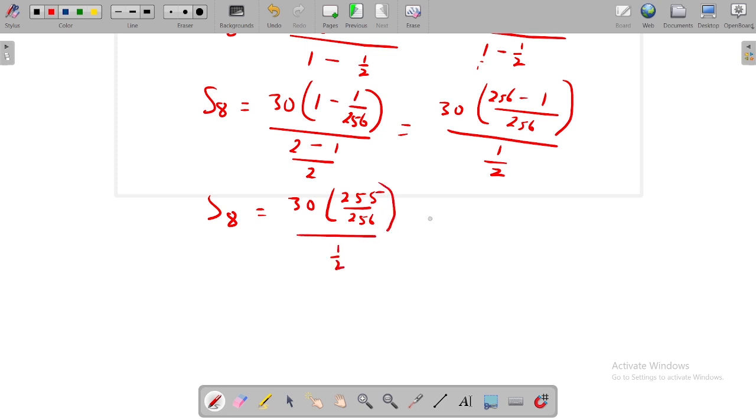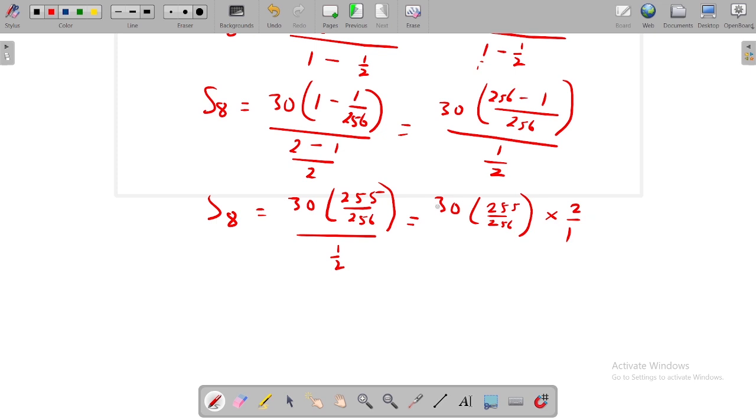Now this division, let's repeat this, bracket 255 all over 256. Now if I change this division to multiplication, this will have inverse, it will now be 2 over 1. Hope you are following me.